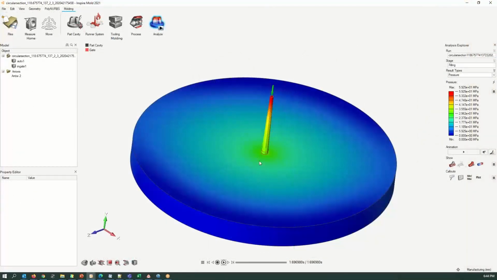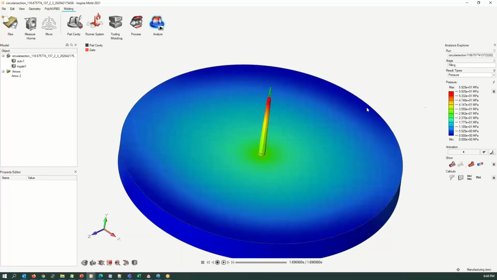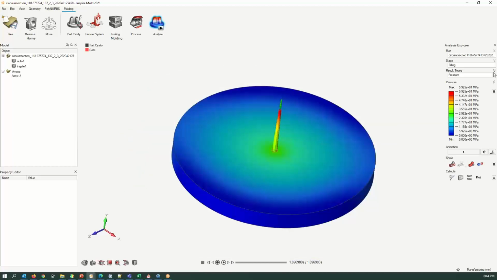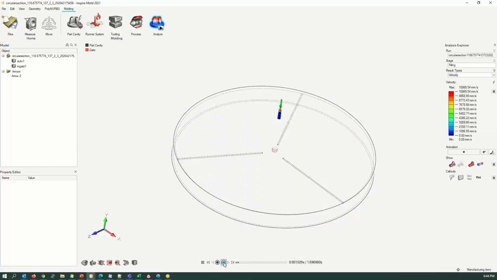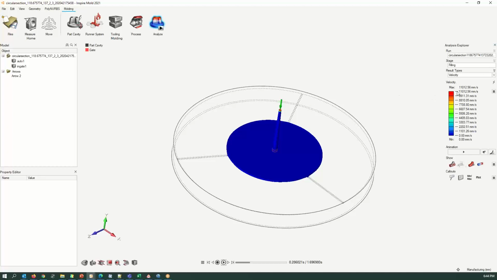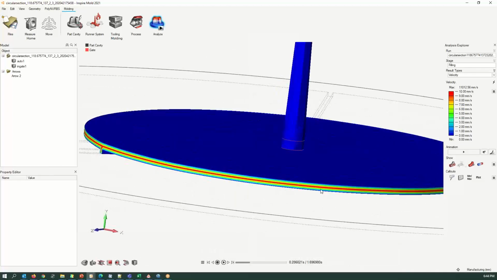Here's a simplified model, and I'm just looking at the pressure. The pressure goes out. And one of the things I can see is, if I look at the velocity, I want to look at it as I'm filling it. So here, I want to scale this top to something lower. So one of the things we can see is a lot of flow through the center.